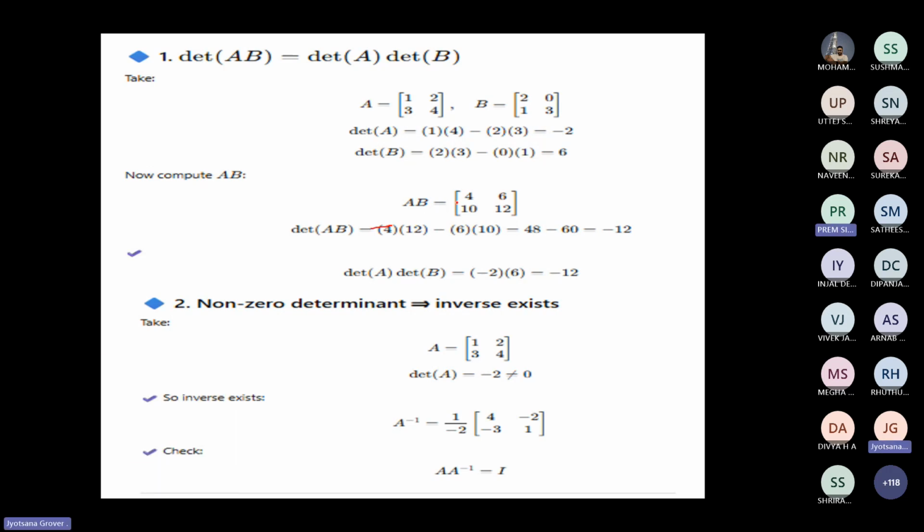Okay, so what is this entry? Can you complete that first use case using the row elementary operations for that matrix? What will be the determinant for that? You are saying do row elementary operations to find the determinant.